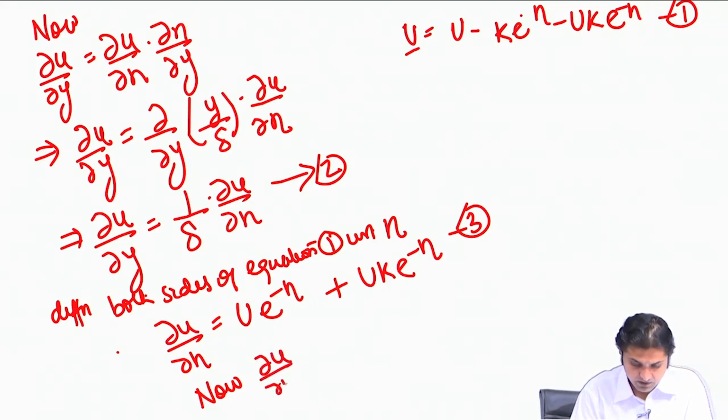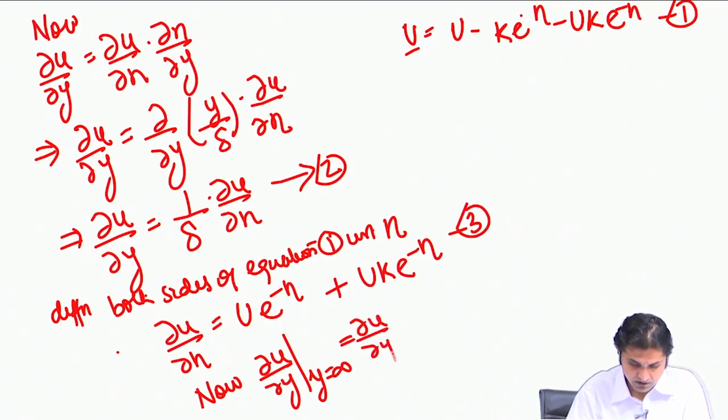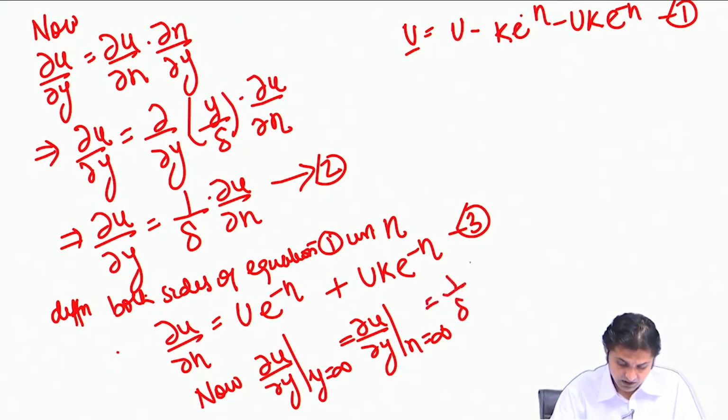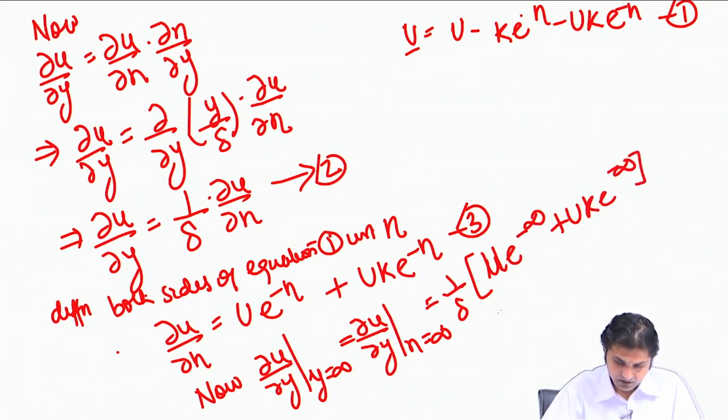Now del u by del y at y equal to infinity, using both, comes out to be 1 by delta into U e to the power minus infinity plus U k e to the power minus infinity, which is 1 by delta into 0 plus 0.